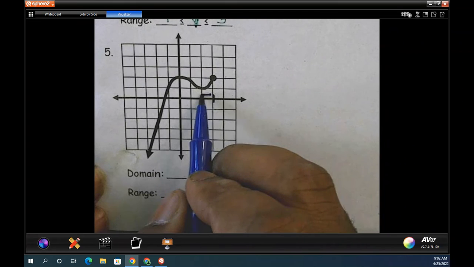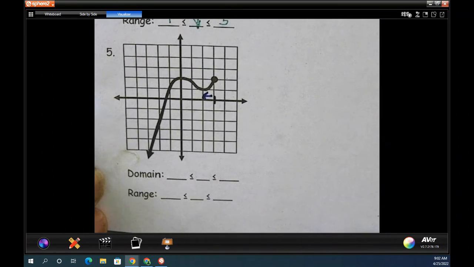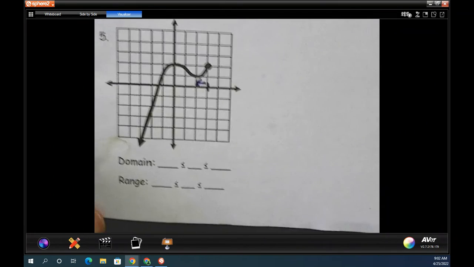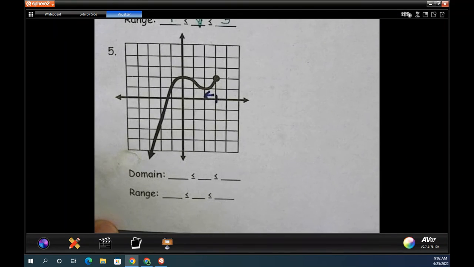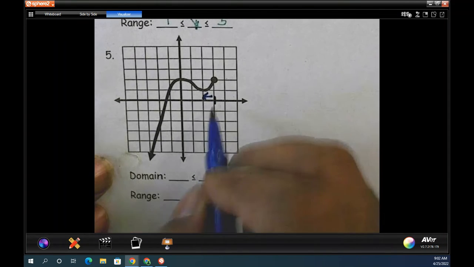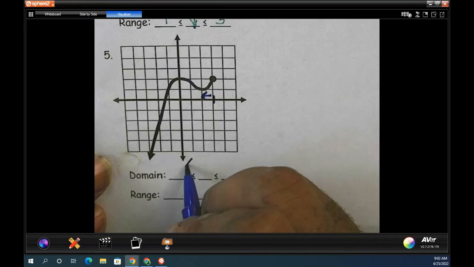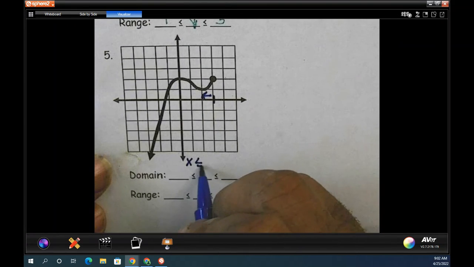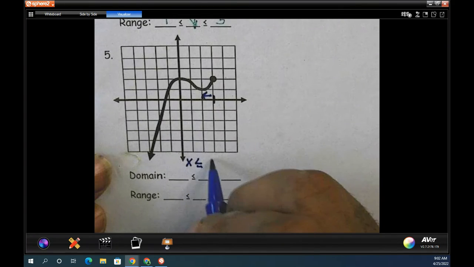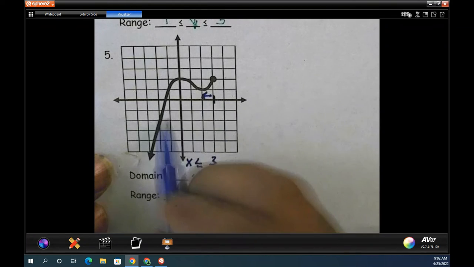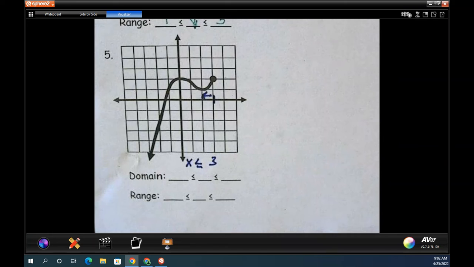And it's going that way. If it's going left, we got a closed circle. X is less than or equal to 3, because the numbers this way are getting smaller. When you have one arrow, it's going to look like this.